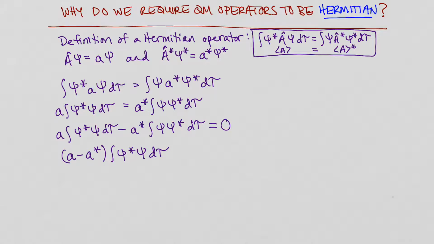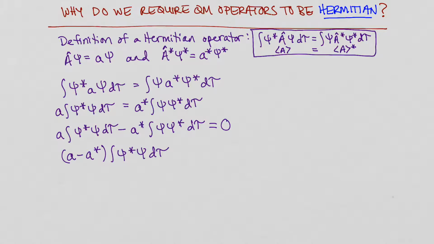Okay, so now we know something about this integral. Remember, this is essentially just our probability distribution. This is how we calculate our probabilities for a given interval. I haven't included any intervals on these expressions. We'll just assume it's over all space for whatever your system is, so negative infinity to infinity, or 0 to a, or whatever your limits may be.